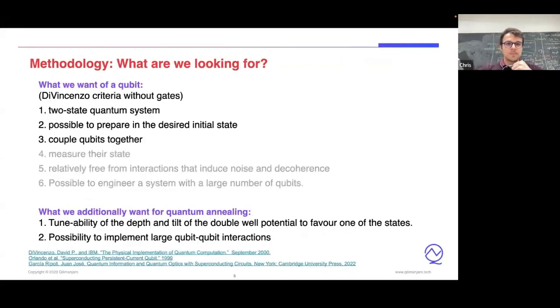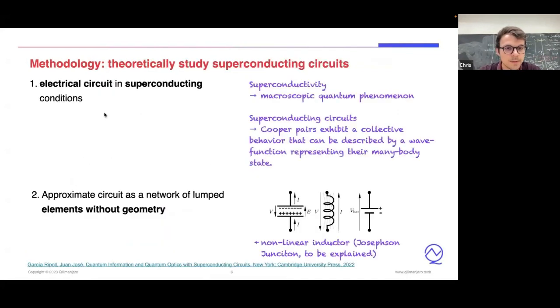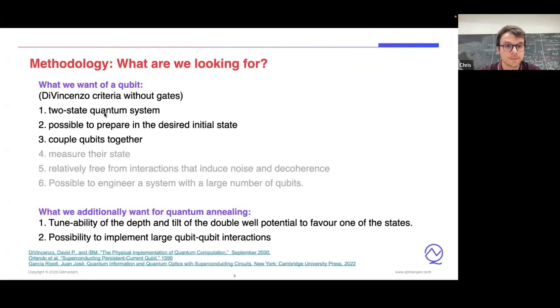So about the methodology. First, there are several things we need to consider for individual qubits. Maybe you've heard of the DiVincenzo criteria for qubits, but this is the version without gates because we do quantum annealing. But also for a gate-based system, we need a two-state quantum system.